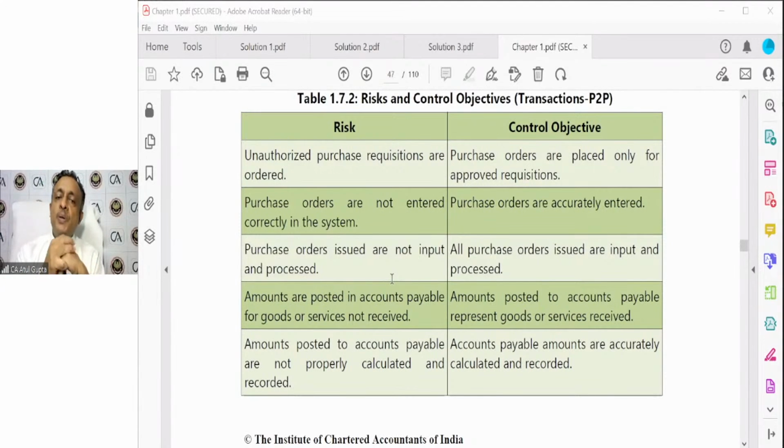Amounts posted to accounts payable are not properly calculated. It's a mechanical error, a manual error. Generally, this you must do. Please understand that even if computers calculate everything, you must always do a test check whether the calculations are correct or not.